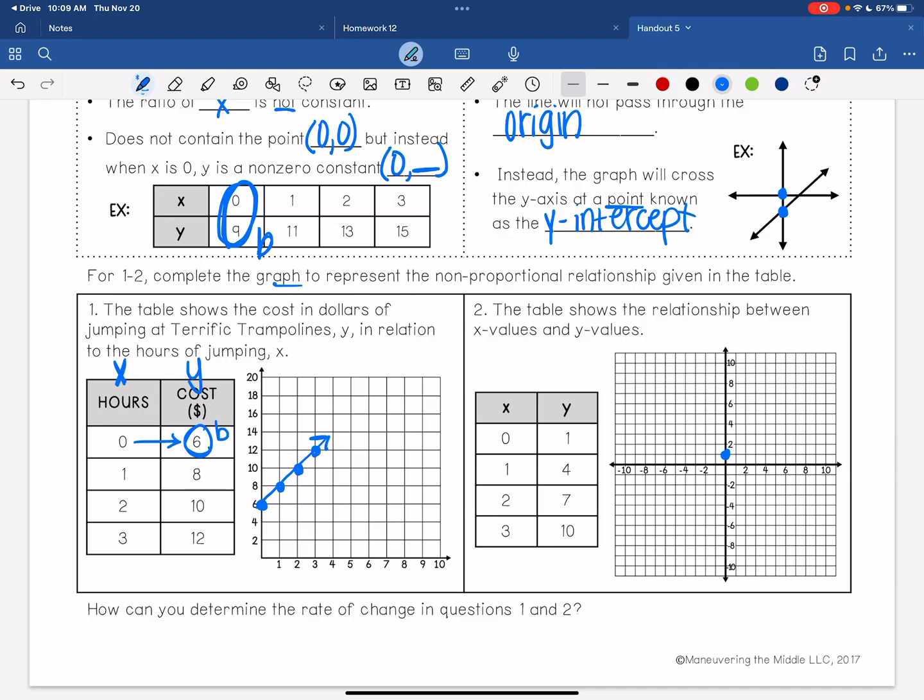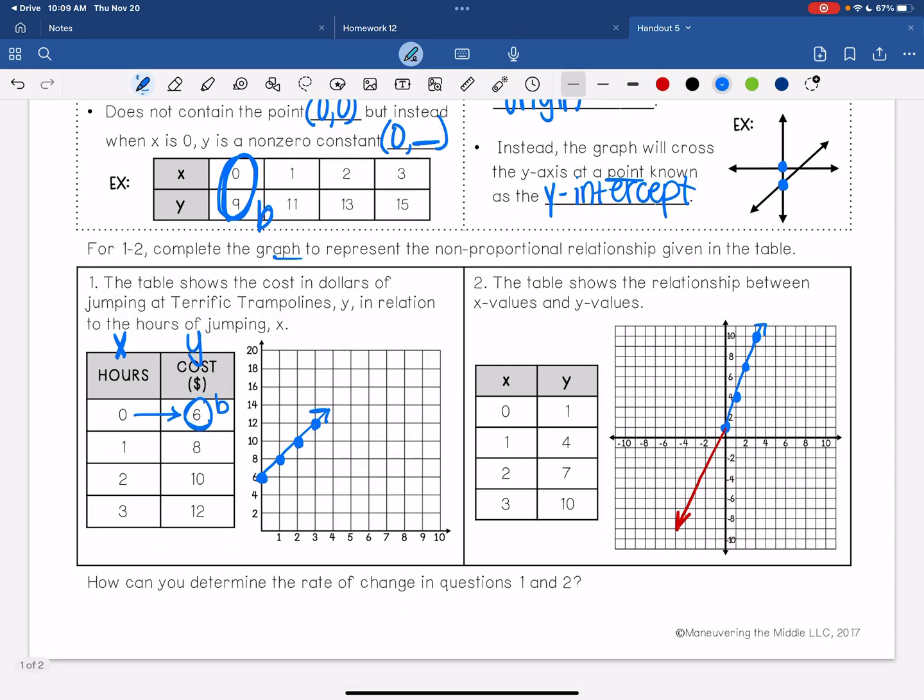Then I have 1, 4, 2, 7, and 3, 10. And I'm going to connect my line there. And although we don't have the points in our table, this line does continue going this direction. Lines go in both directions. So even though I don't have the points explicitly in this table, lines keep going, okay?